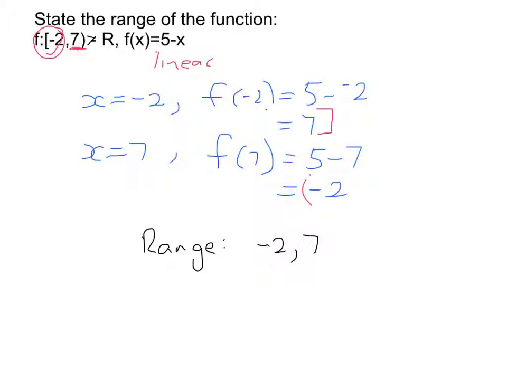So it's not allowed to equal 7, but it starts at negative 2 as the lower limit, and it can equal negative 2. The other way that that could be written would be negative 2 less than or equal to y less than 7. That's basically what it means, but we'll keep it in the bracket form like we have there.